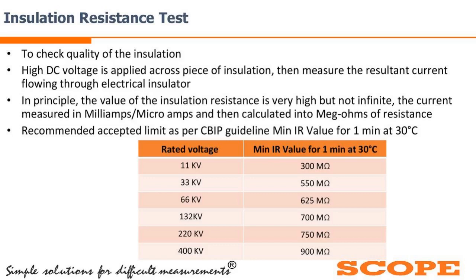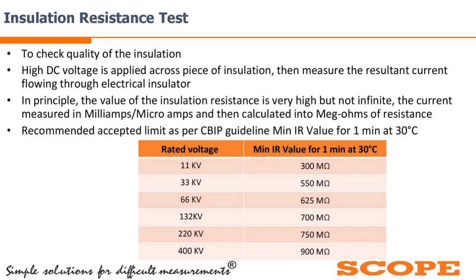In principle, the value of the insulation resistance is very high, but not infinite. The current is measured normally in milliamperes and microamperes, and then the insulation resistance is calculated, which is in megaohms. The recommended accepted limits, by some papers and IEC guidelines: the minimum insulation resistance value for 1 minute at 30 seconds for 11 kV rated equipment should be a minimum of 300 megaohm.